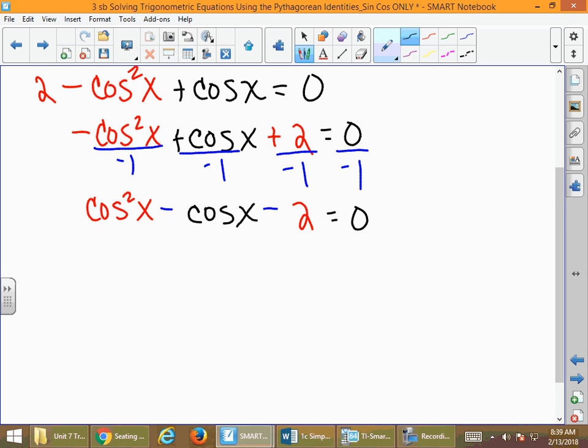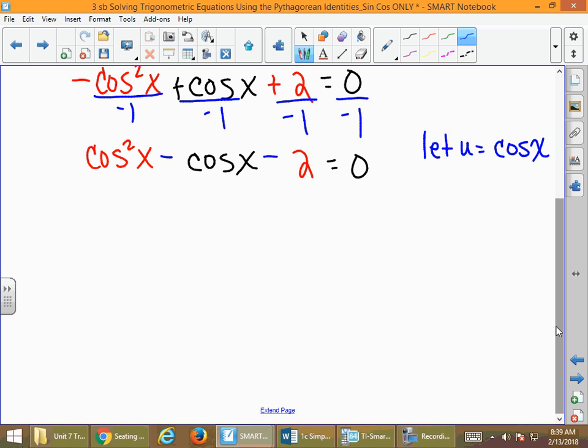And when we solve by factoring, we let u equal cosine x. Whatever the function is in the problem, that's used to help us factor a little bit easier. So this becomes u squared, substituting in the u for the cosine, and it's cosine squared, minus u minus 2 equals 0.